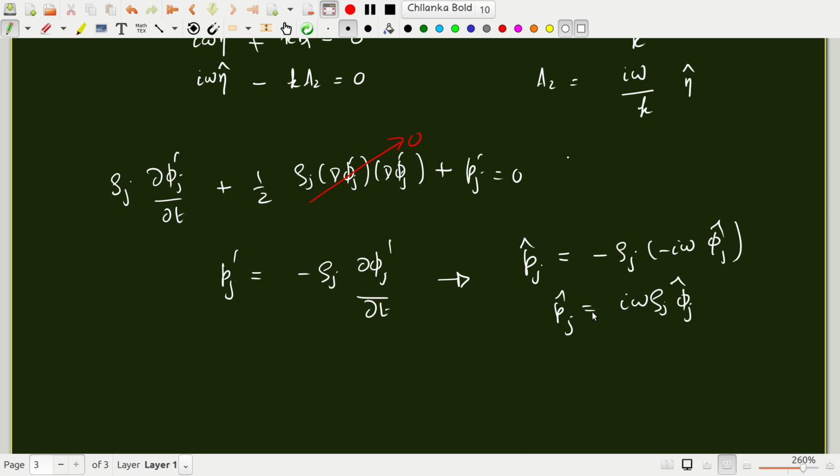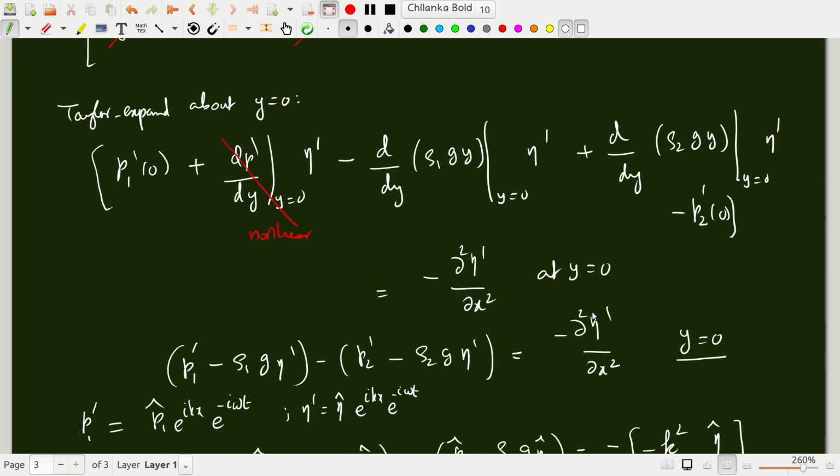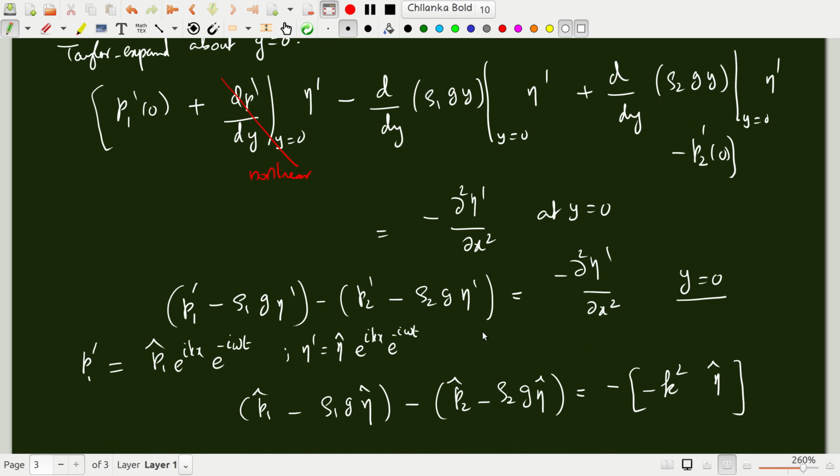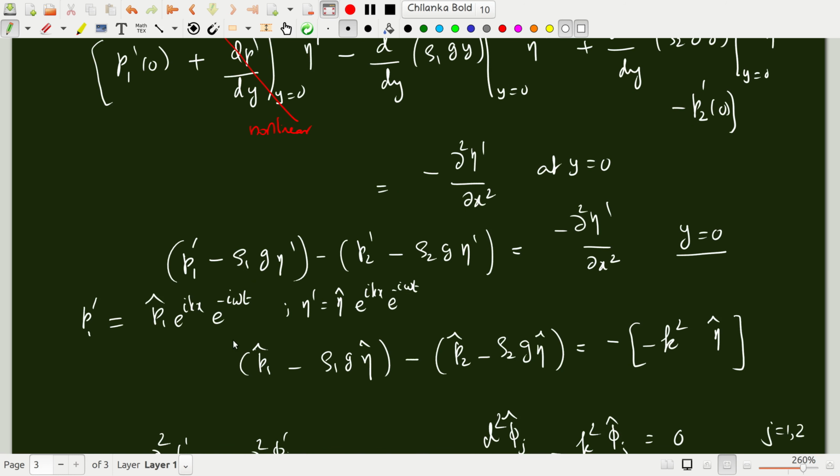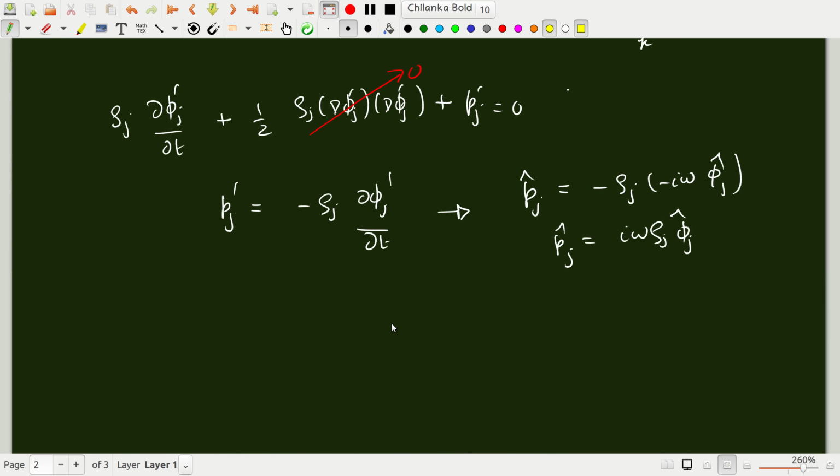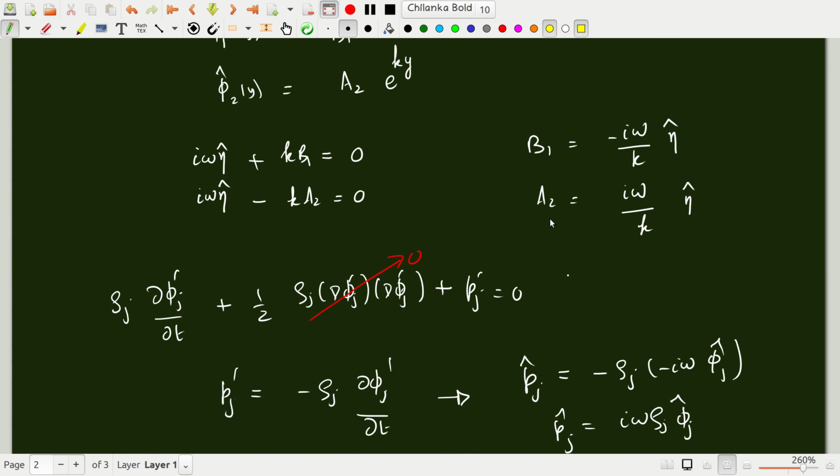Now what you have to do is to substitute this back in the normal stress balance, which is here. You have to substitute P1 cap, and we had done this here. Instead of η cap, we have to substitute in terms of B1 and B2.